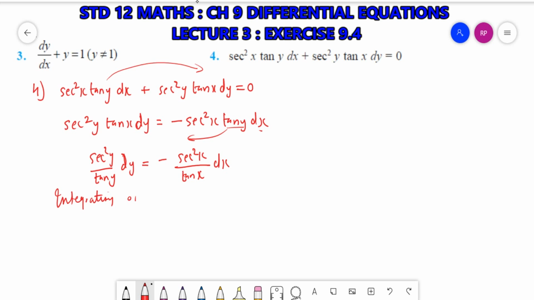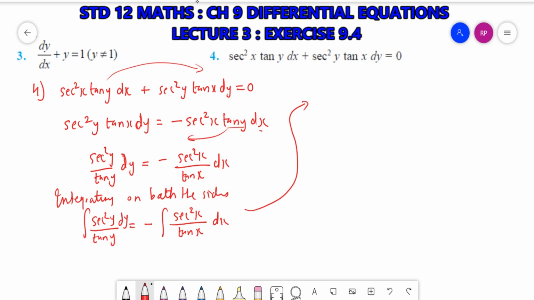Now integrating on both the sides, means integration of sec square y upon tan y equal to minus integration of sec square x upon tan x dx, and here it's dy. Now here I can use f(x), f dash x. f(x) is tan y, f dash x is sec square y.